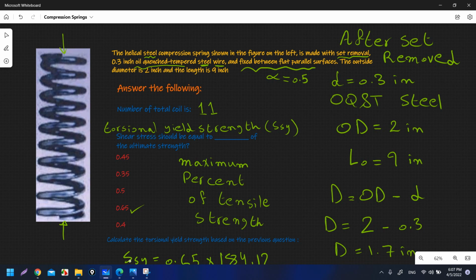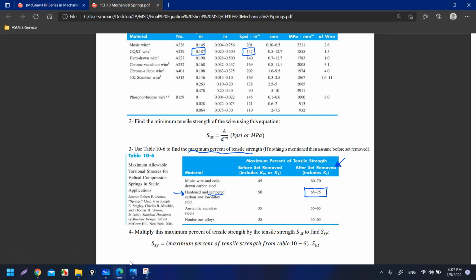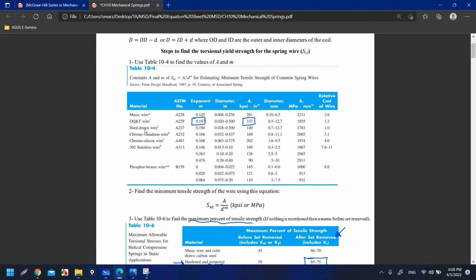So this is the material, and we need it in table 10.6 to find the value of the maximum percent of the tensile strength, based on the material and the set removal, whether after or before. And we also need it to find the ultimate tensile strength. So we will use oil quenched and tempered.